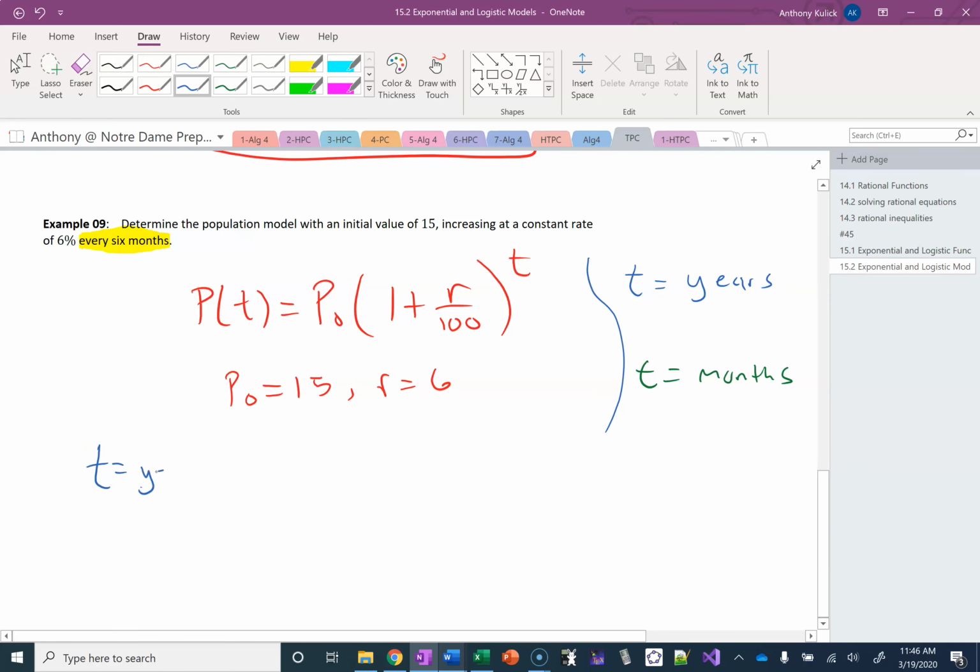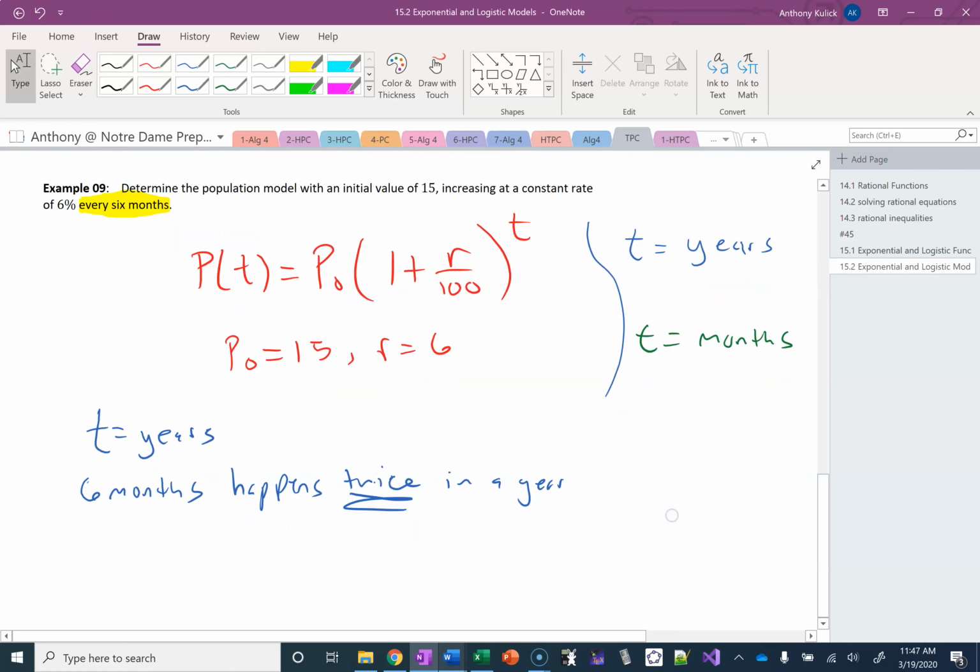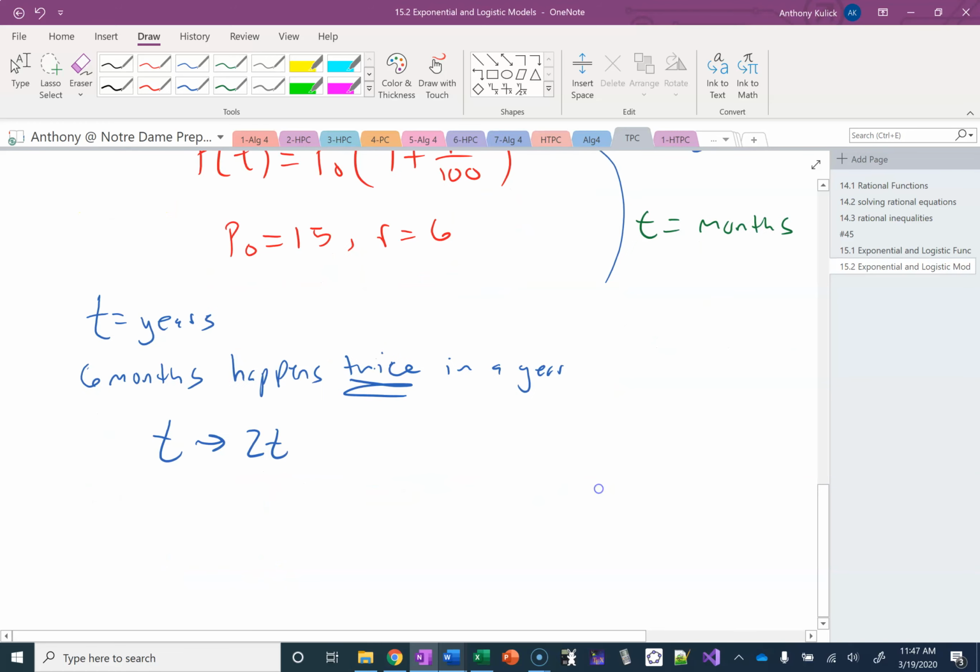So if we're measuring t in years, how many times does 6 months go into a year? Twice. So instead of t, we're going to write 2t.